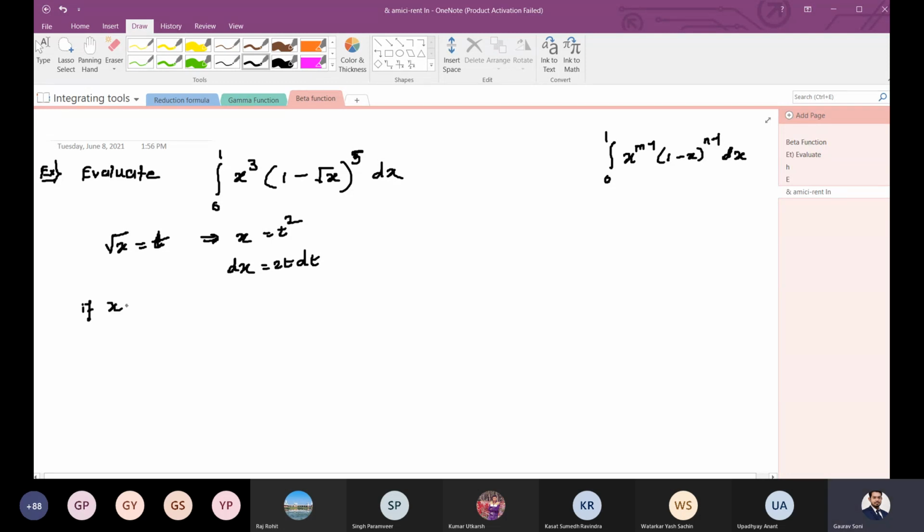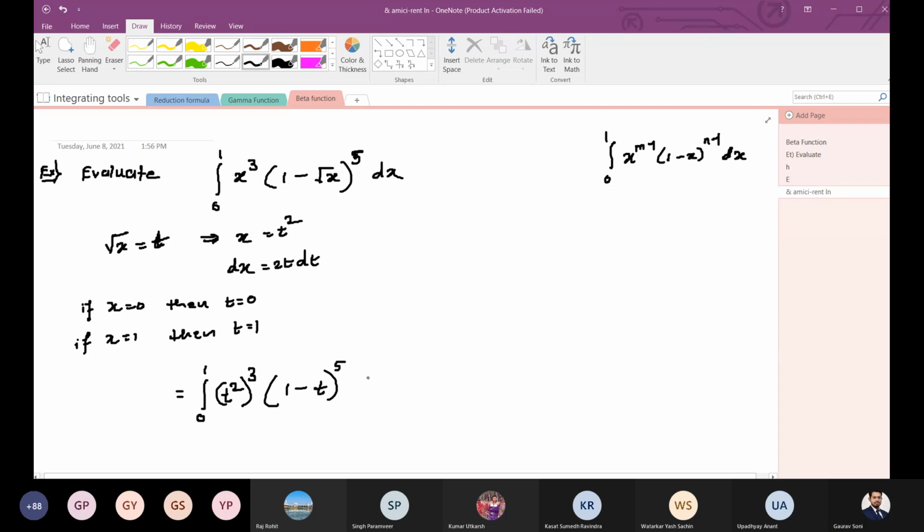If x equals 0, then t equals 0. If x equals 1, then t equals 1. So what we get here is integration 0 to 1 of (t square) cubed times (1 minus t) raised to 5, times dx which is 2t dt.